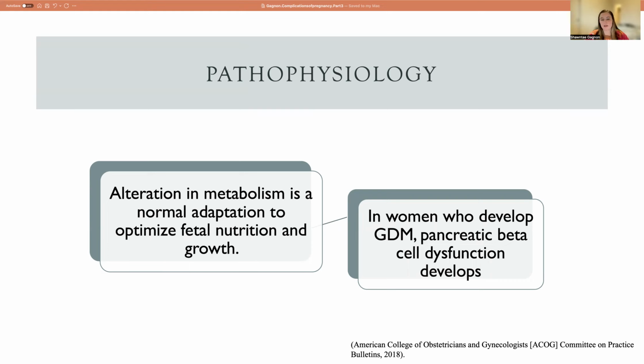And this is necessary because the fetus, for lack of a better term, is not a parasite. So it's not going to steal nutrients from the mother if the mother is not getting adequate nutrition for herself. Because if the mother doesn't get adequate nutrition and becomes ill or dies, then the fetus will die as well.